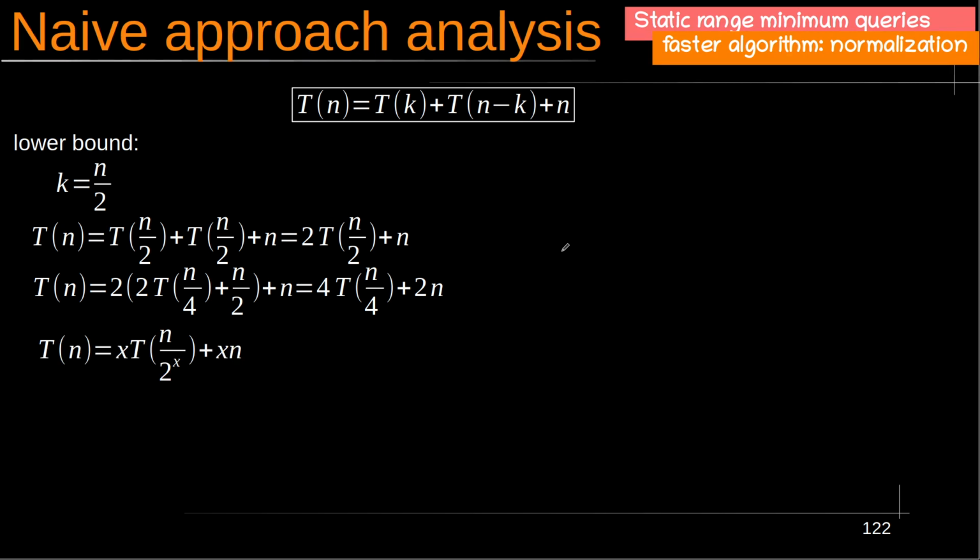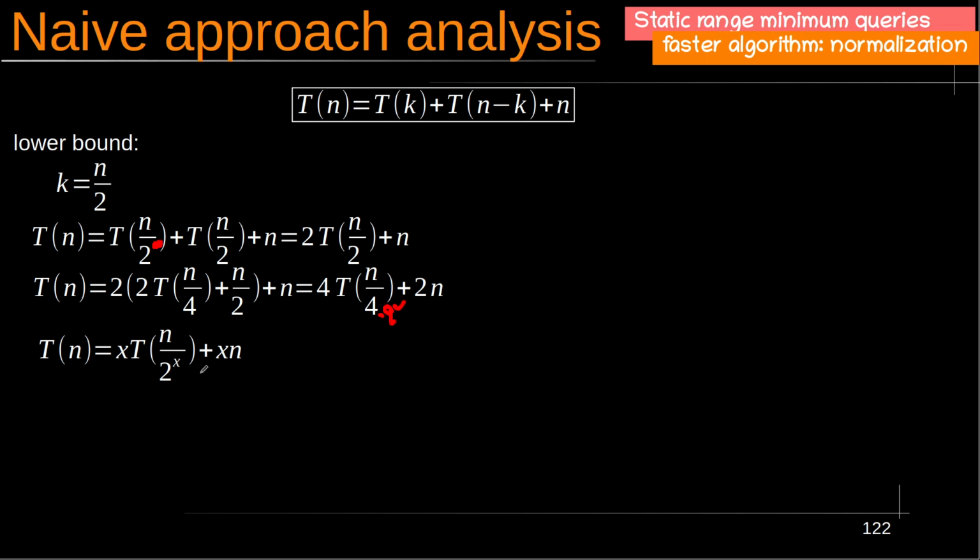Okay. In the general case, we can say after x operations, we get 2 to the power x times T of n over 2 to the power x, plus xn. Okay? Because the first one is 2 power 0, the second one is 2 power 1, and if I continue, I will have n over 8, which is 2 power 3. So we can write this formula.